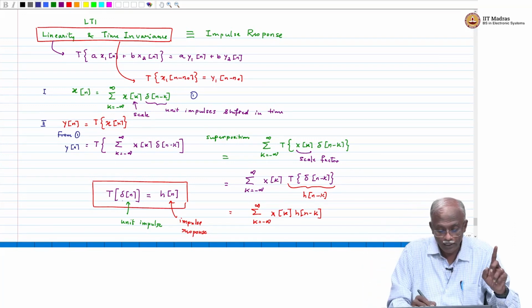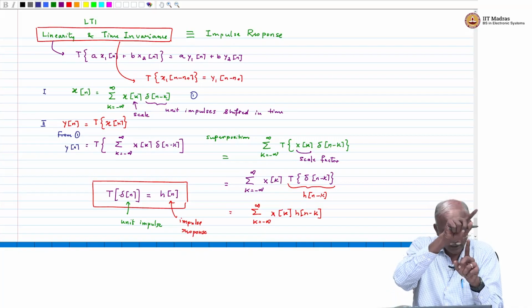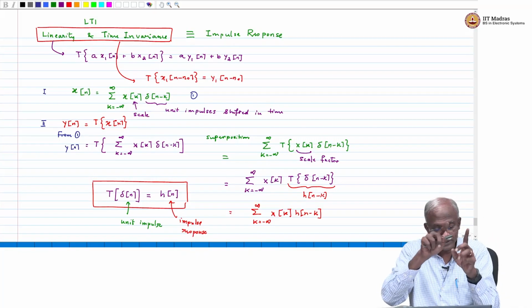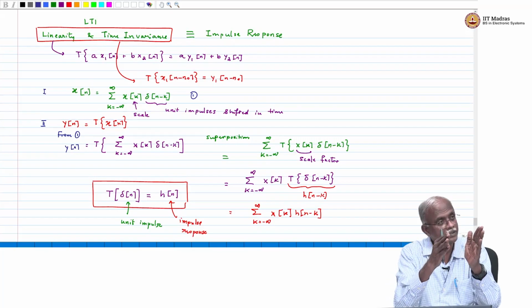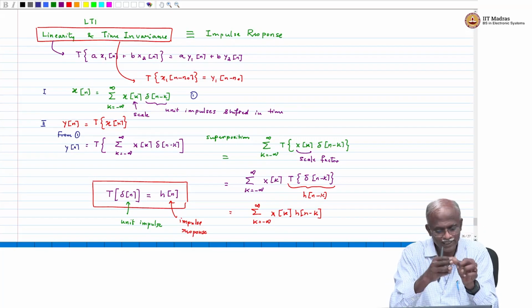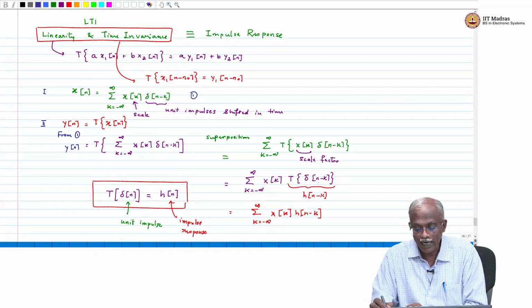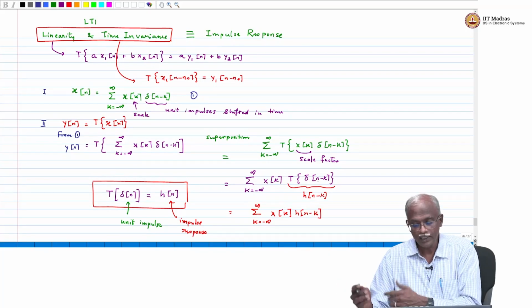Now, if the response of the linear time invariant system to a delta of n, the unit sample function, is called h of n, what will be the response to delta of n minus k? It has to be h of n minus k. So, basically this is using the property of shift invariance.